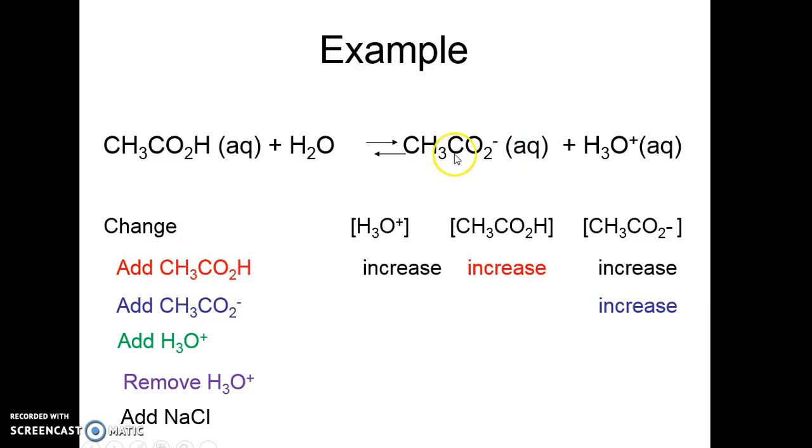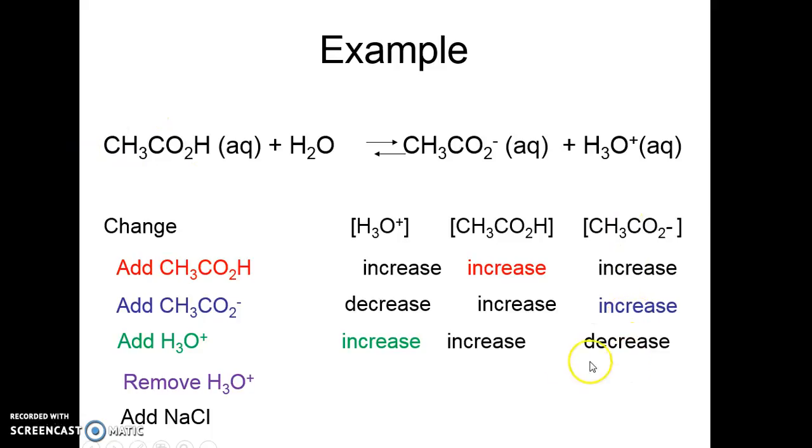I add acetate, hydronium ion goes down, and acetic acid goes up. If I add hydronium ion, what happens? Well, the concentration of hydronium ion increases, acetate decreases, and acetic acid increases.